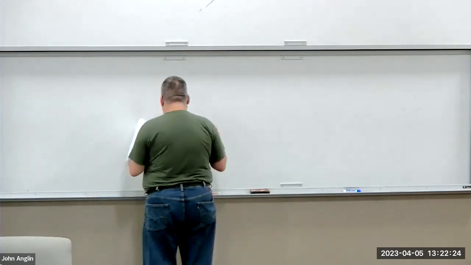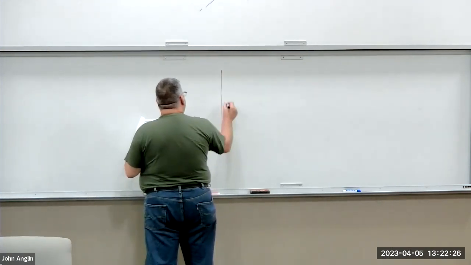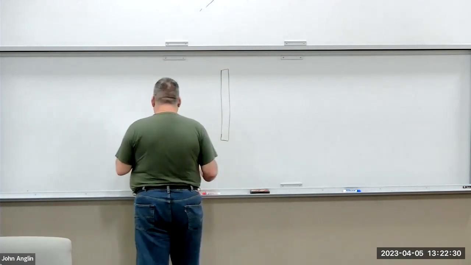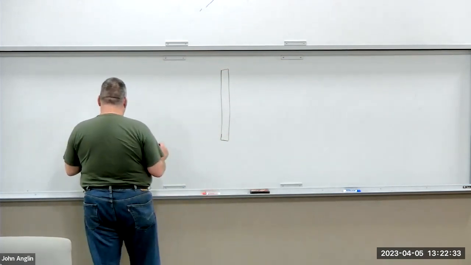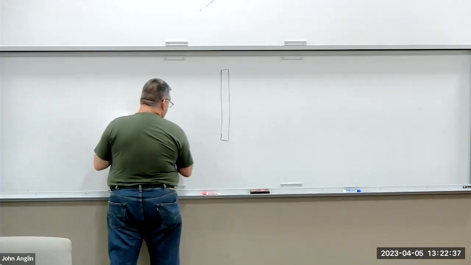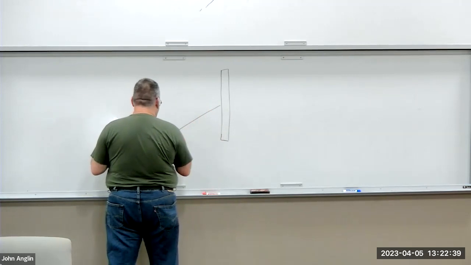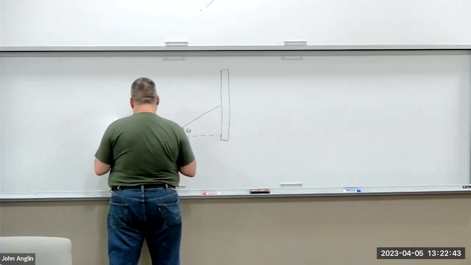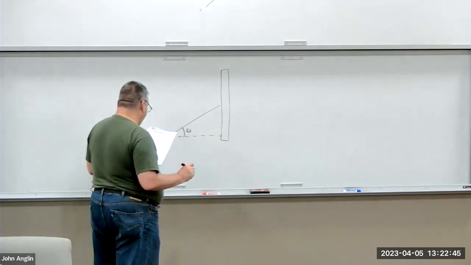Let's say that, just for the sake of argument, we have a wall. We have a chain or something here. It's at some angle to the wall.